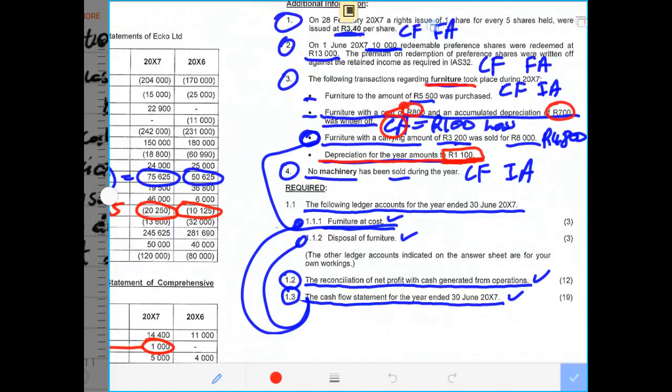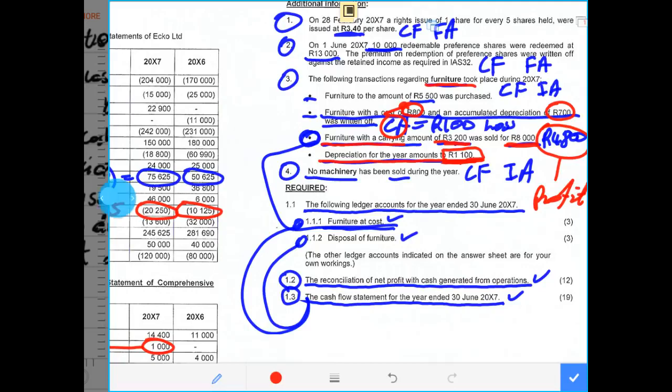That was the third bullet point under additional information number 3, where furniture with the carrying amount of 3,200 was sold at a price of 8,000, which is higher than 3,200 by 4,800. We said that this is a profit on the sale of the furniture.